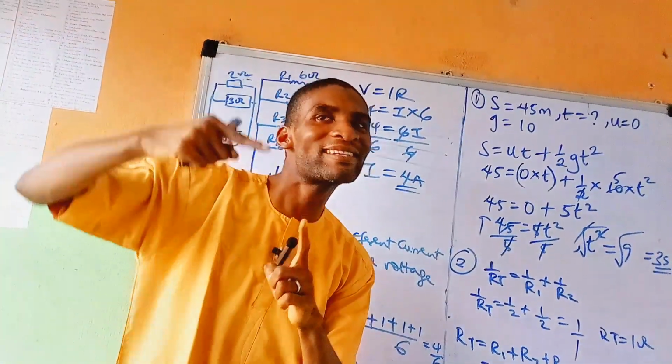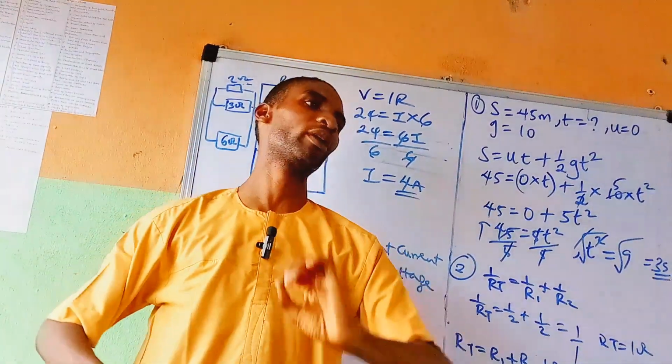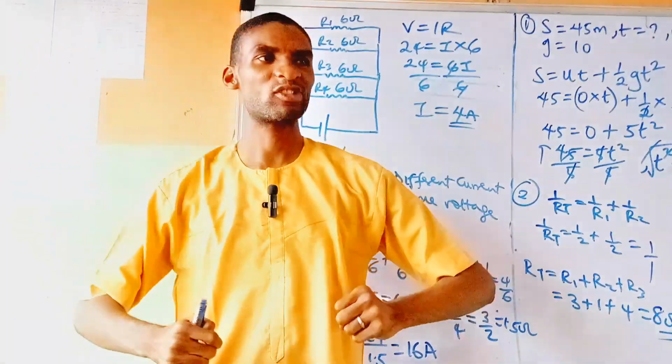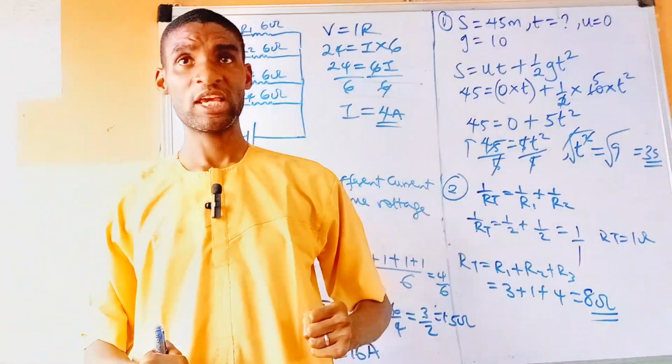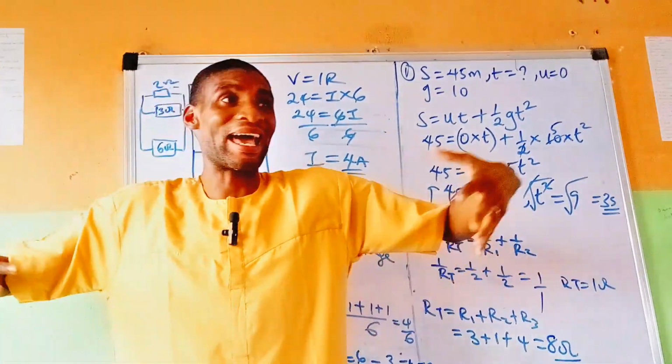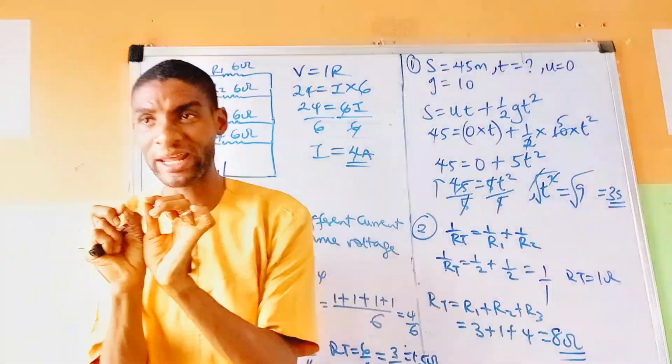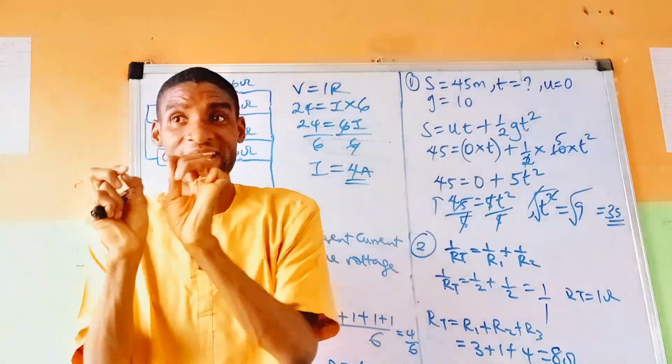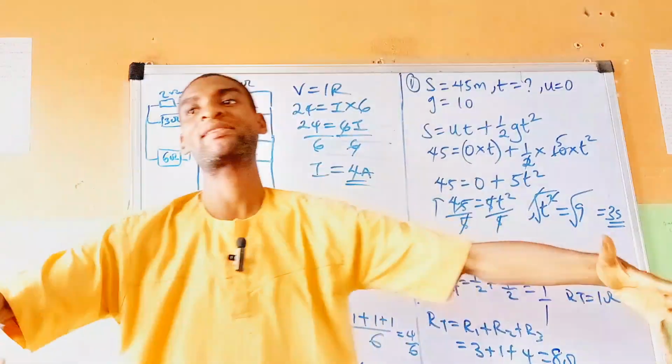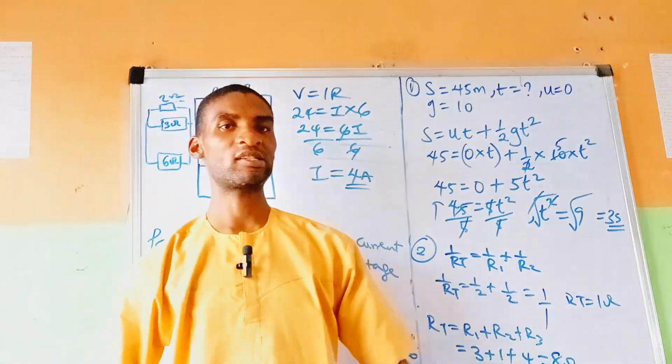The higher the resistance, the smaller the current. Resistance means opposition to the flow of current. So if the resistance is large, little current will be able to pass through. If the resistance is little, big current can pass through. Let me give you this illustration.